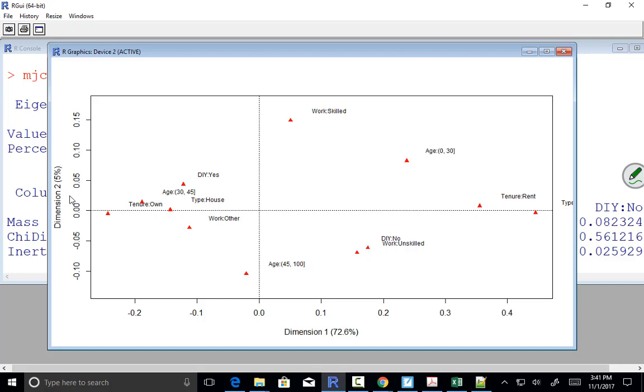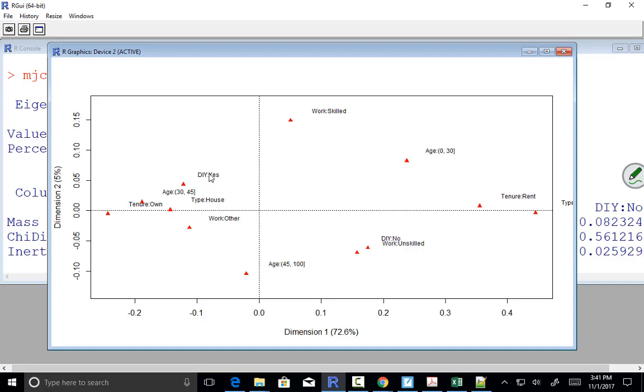This is like that, but it's a little bit different. If you look at the labels of the points, we've got these red triangles that are the points that have been plotted. And each one of these little triangles is labeled with a level of one of the categorical variables.